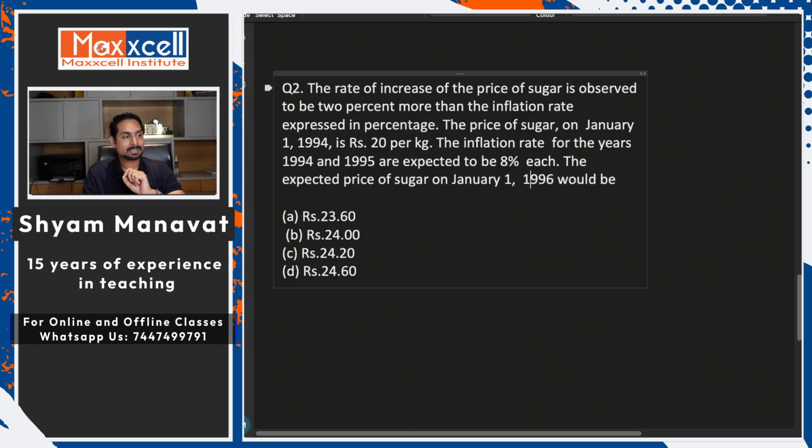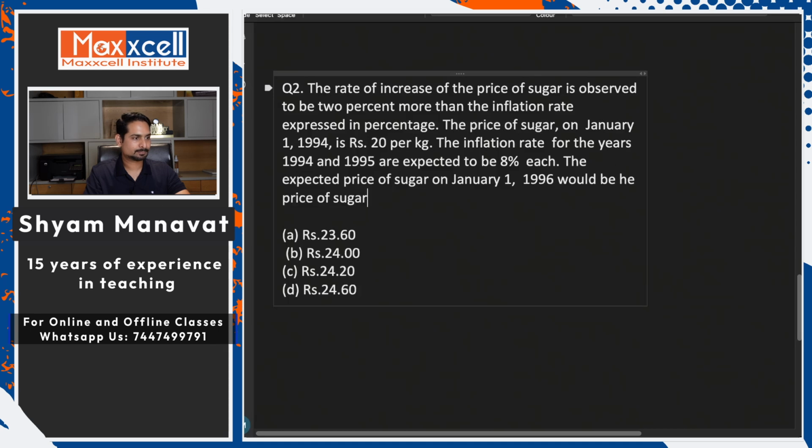They're trying to say that if the inflation is 8% in 1994 and 1995 also, then in 1996, so basically that is end of 1995, 1st January, what would be the price of sugar per kg? This is the question.